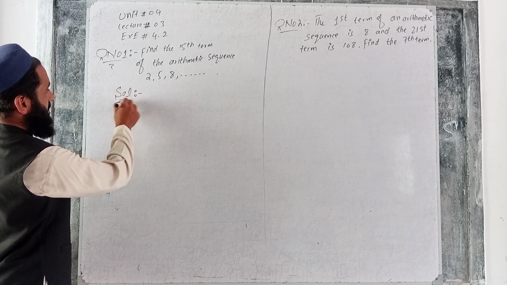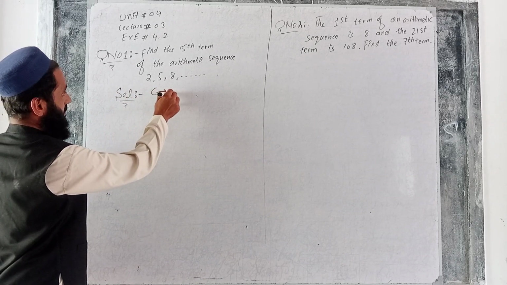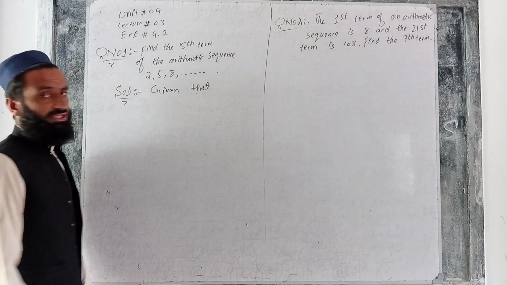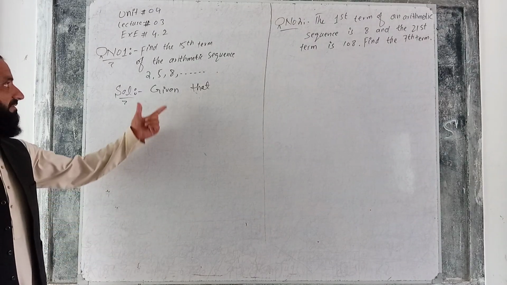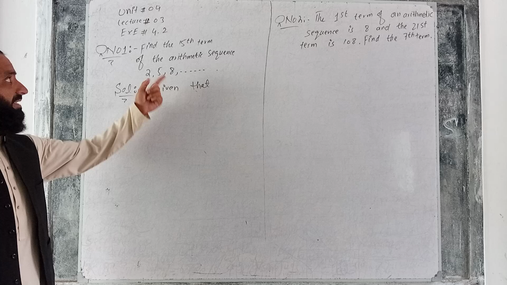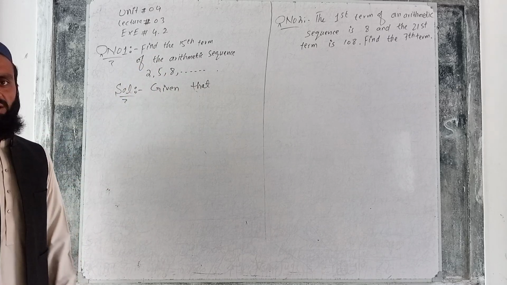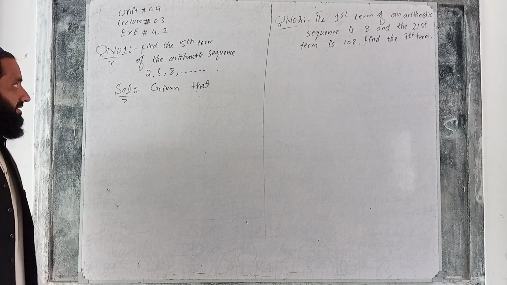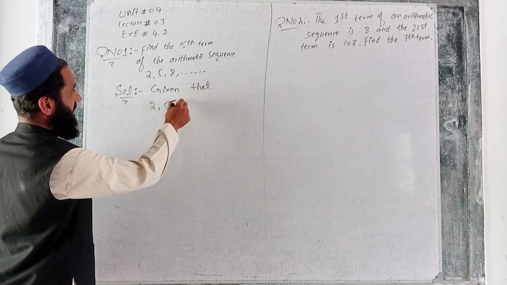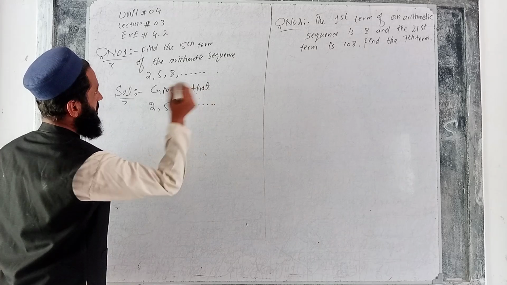Solution: given that here in this question we have an arithmetic sequence, and we have to find the 15th term of the given sequence 2, 5, 8 and so on.